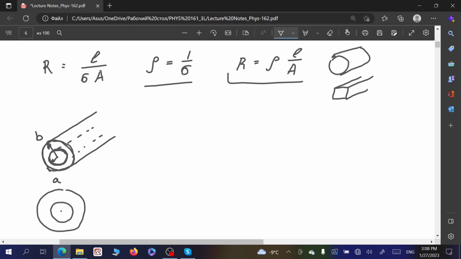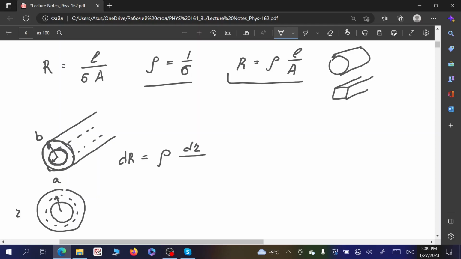We can define here any radius r, so it will be a circle defined by this radius, and then we can write the expression for a small resistance dR as rho, specific electrical resistance, times dr, a small change of this radius r.